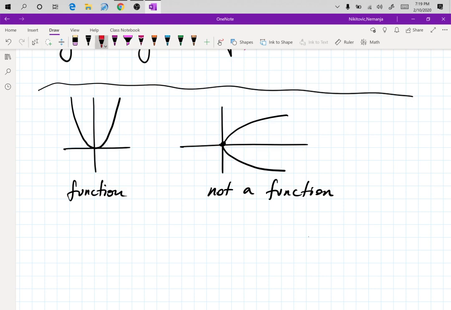We use, as we did in the last 50 seconds, something that is called a restricted domain to cut the piece of a function we don't want and create it so it has an inverse function. It's called restricted domain.